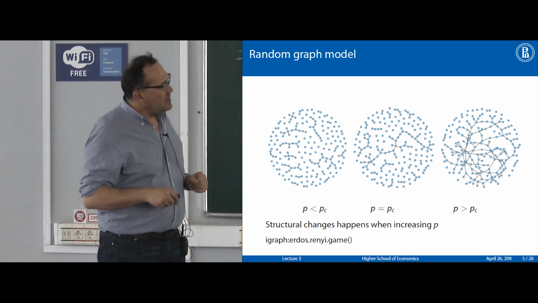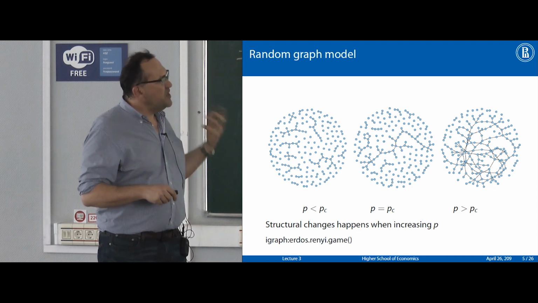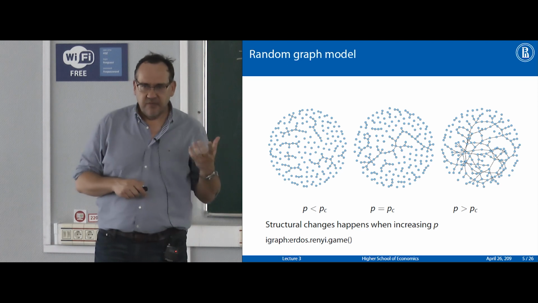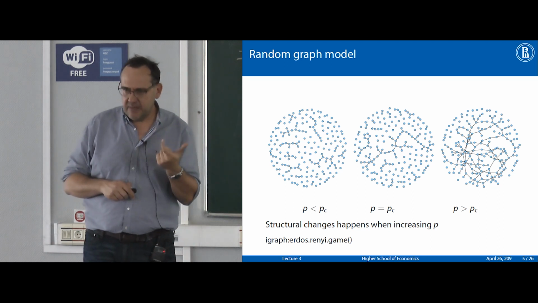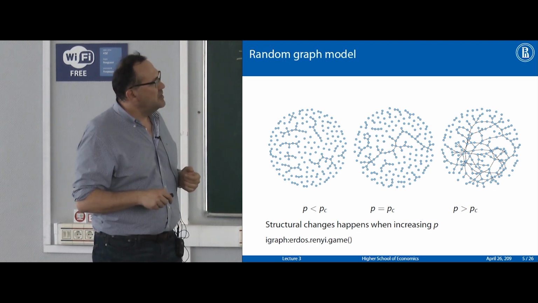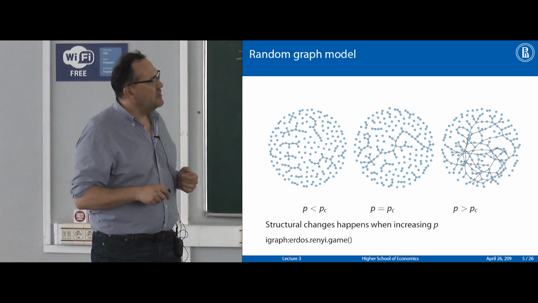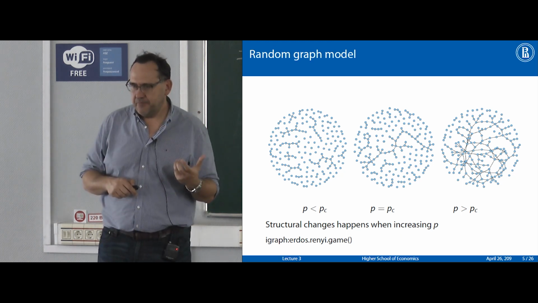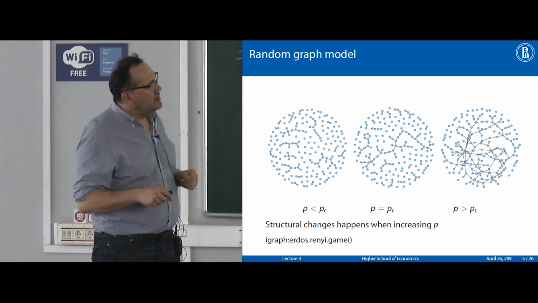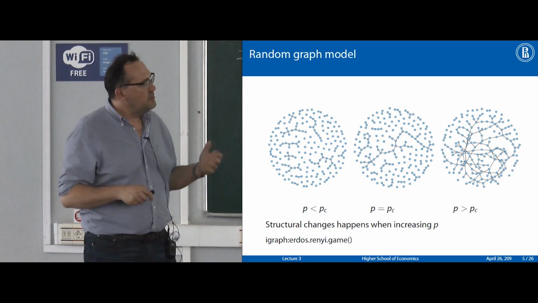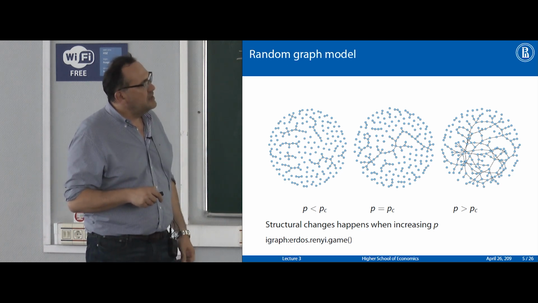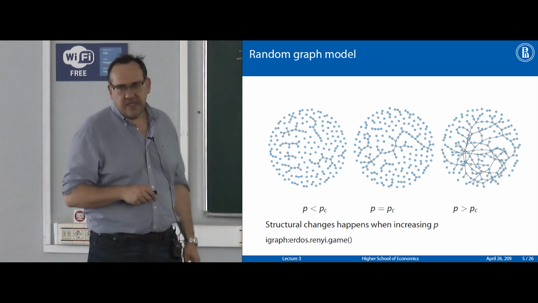Now, left to right, if we increase this probability for 2 pairs to connect, then at some moment we'll start seeing a lot of connected nodes. See this animal here, right? It goes through a pretty big chunk of the graph. And then when you increase this probability even more, all of a sudden most of the nodes will be connected.